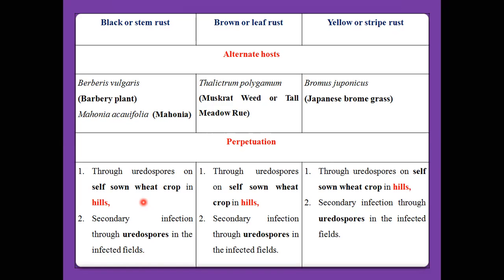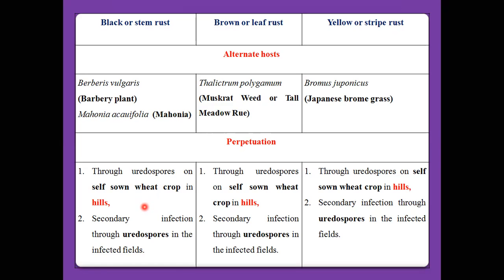After April, the temperature in Maharashtra increases, and in high temperature these urediniospores and other spores cannot survive.